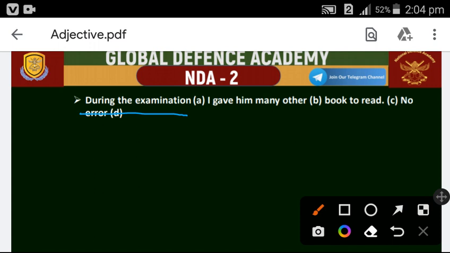As you have studied, or you can say learned in the previous slide or previous rule, when other is used as an adjective, it takes a plural noun, not a singular noun. So we have to use books instead of book. Is it clear, Paul? Go ahead.